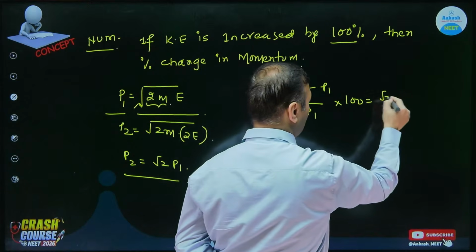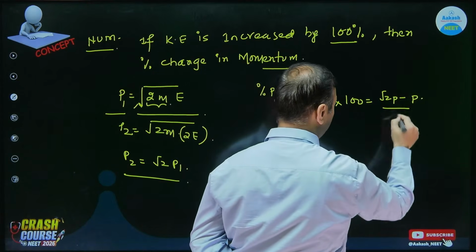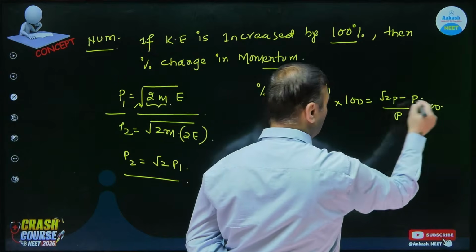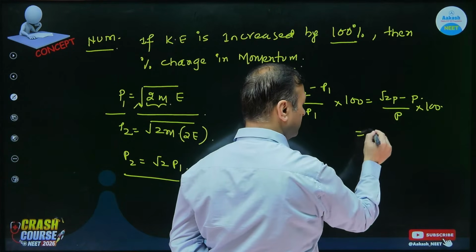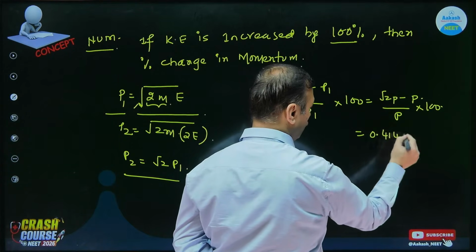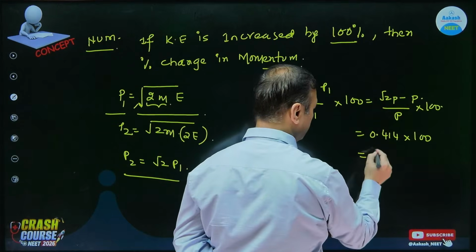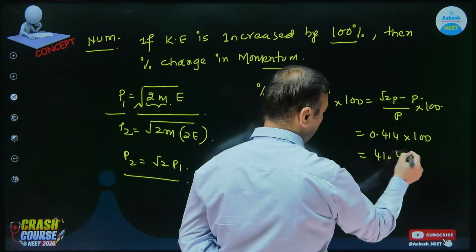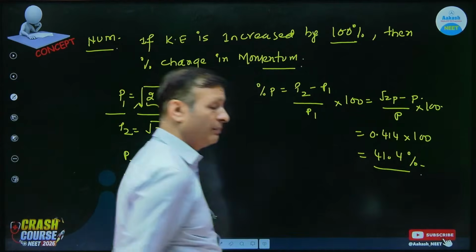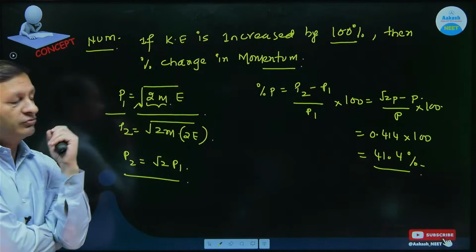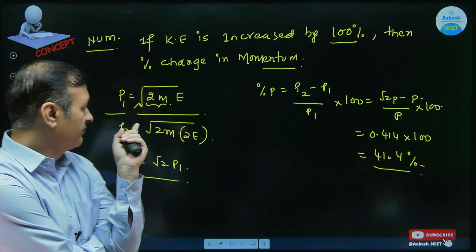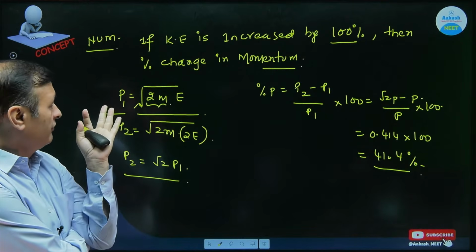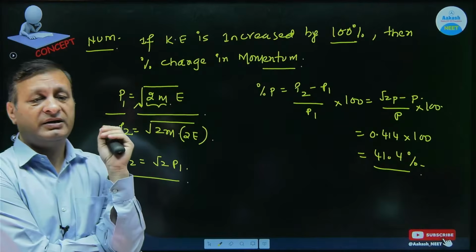So that means √2P minus P by P into 100. So P goes, so √2 minus 1, 0.414 into 100. So that makes it 41.4%. So that is the increase in momentum of the body if you increase the kinetic energy by 100%.